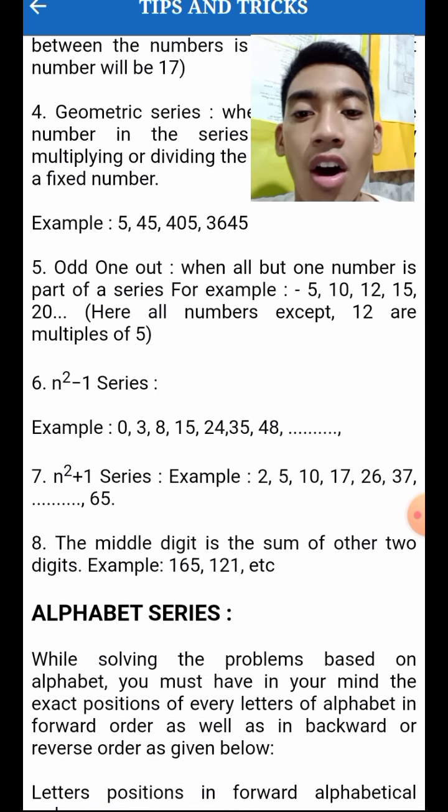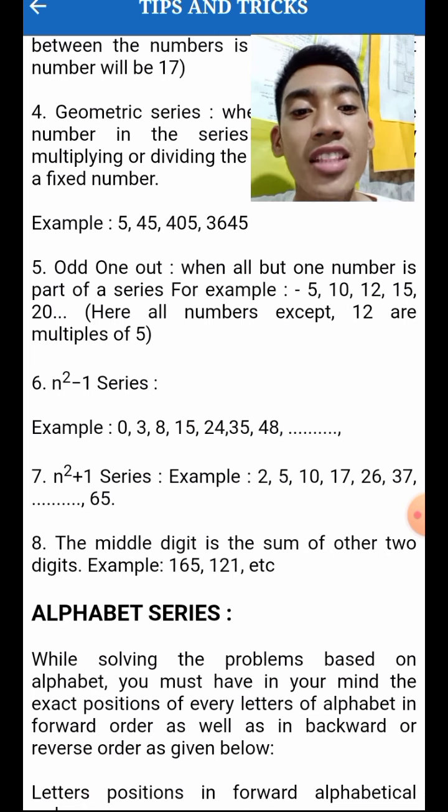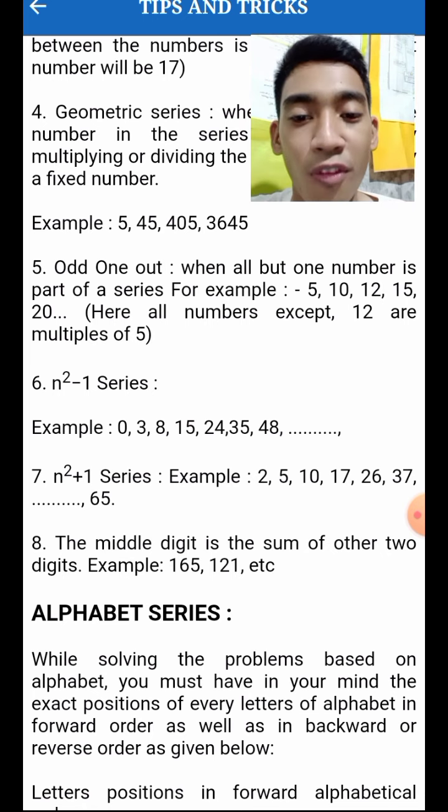Next, odd one out. When all but one number is part of a series, for example 5, 10, 12, 15, 20. Here, all numbers except 12 are multiples of 5.